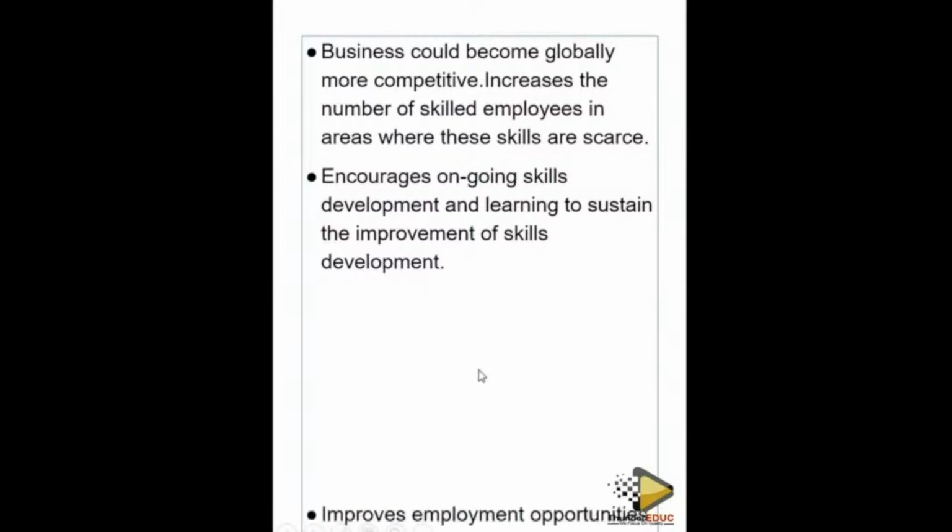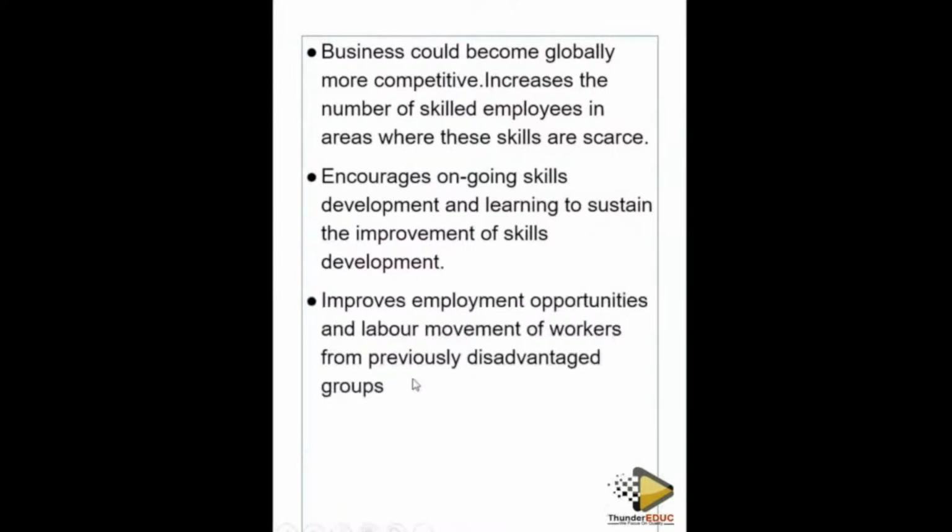So now moving on, this act improves employment opportunities and labor movement of workers from previously disadvantaged groups. So here, yes, sometimes you may find that a company can offer SDA training to the employees, but that doesn't necessarily mean it is binding for employees to work for that particular company for their entire life.